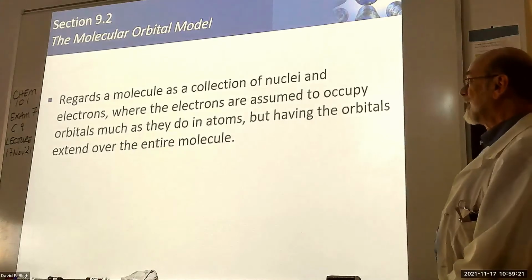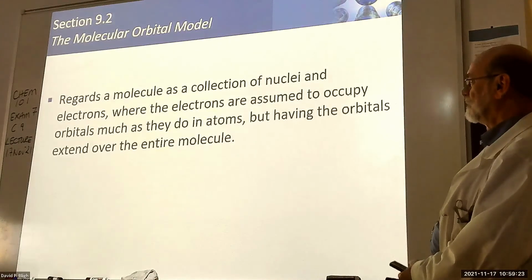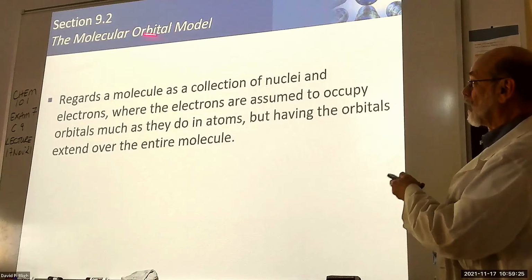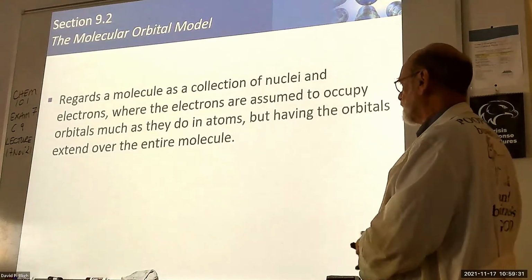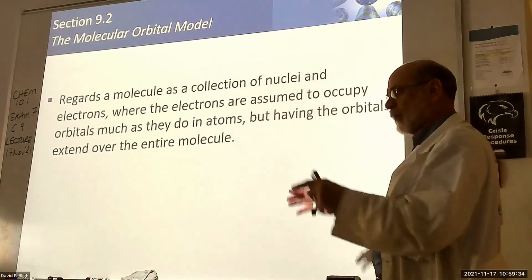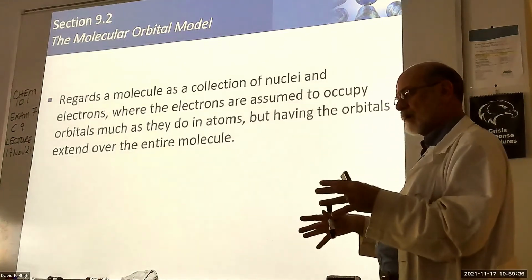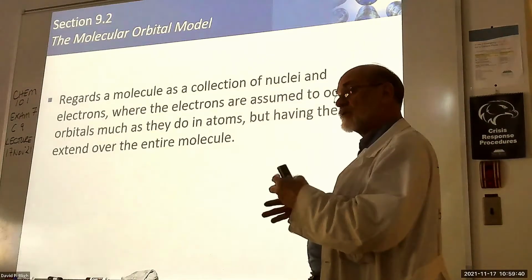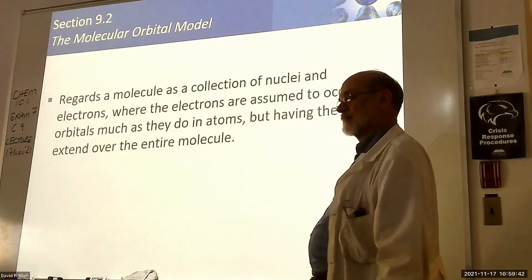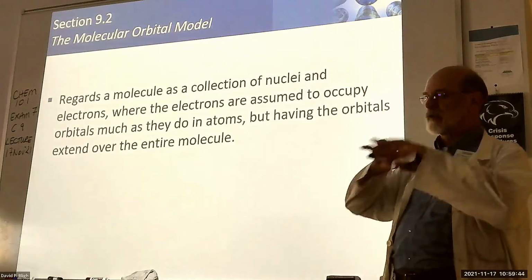It's called the molecular orbital model. Actually, I'd call it a molecular orbital theory, and it has a model associated with it. In the molecular orbital system, once the molecule is formed, the electrons don't belong to anybody. They're delocalized over the entire molecule.